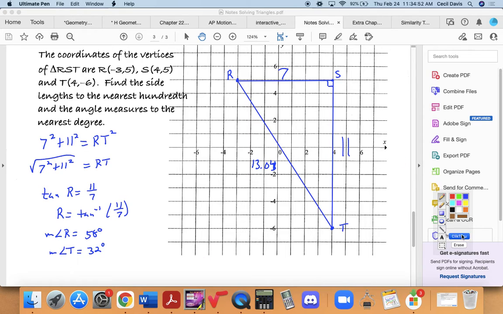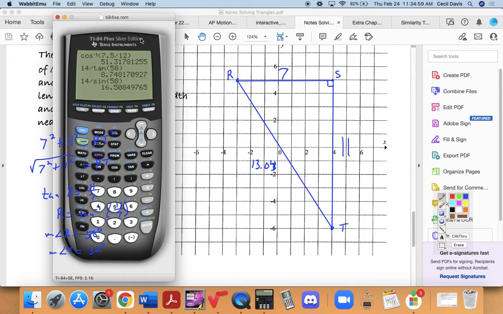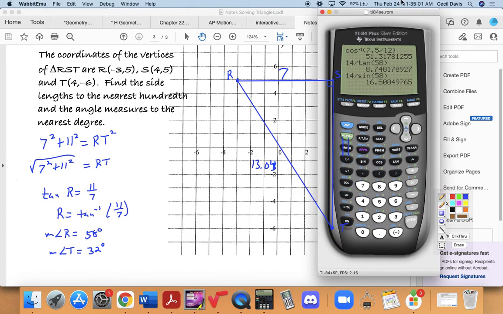By the way, occasionally I have a student who's like, wait, you used a rounded answer. You're a horrible person. I'm like, okay. First of all, calm down. Secondly, someone read me what that was for angle R. It was 57 point what? 57.528807. Thank you. All right.